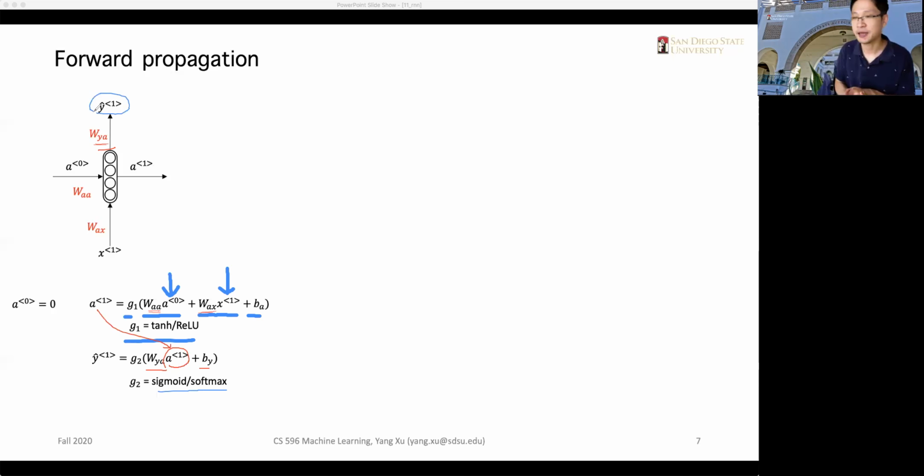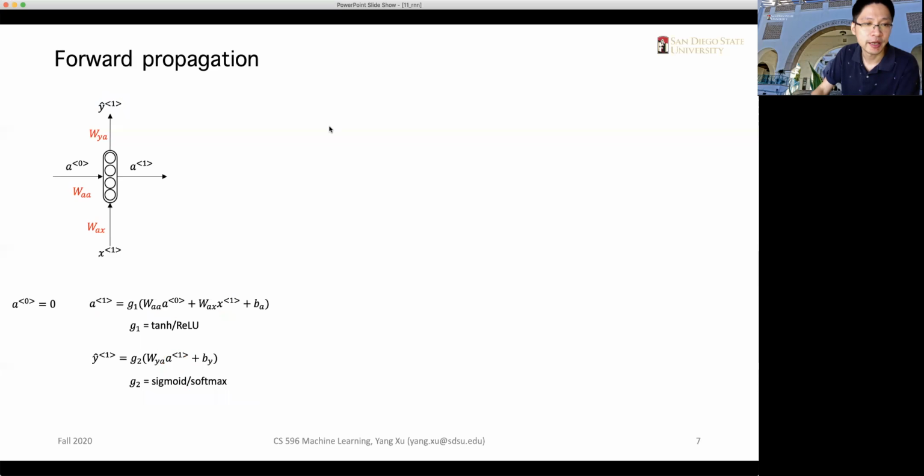So this can be a sigmoid or a softmax layer. But these activations can be changed. If we don't want to make a prediction for each time step, then we can simply use other types of activations like ReLU or tanh. These are all okay. The choice of the activation function is very task specific.